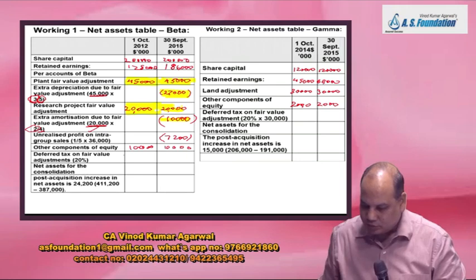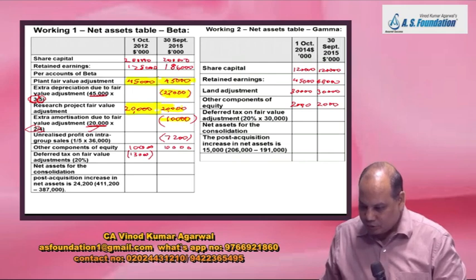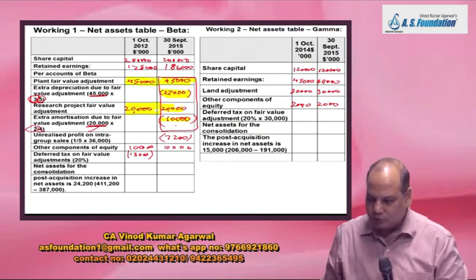So write here 13,000, positive or negative? It will be deferred tax liability because in assets carrying amount has gone up, tax base has not gone up. Now similarly over here, take the net total of these four items which I have put in a small box. 45 minus 27 plus 20 minus 10.